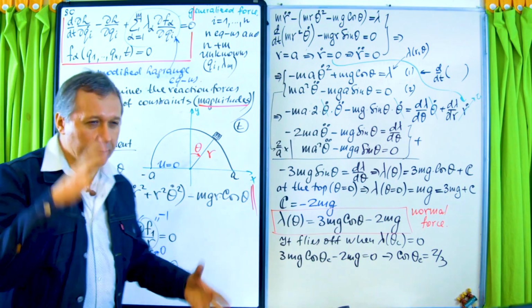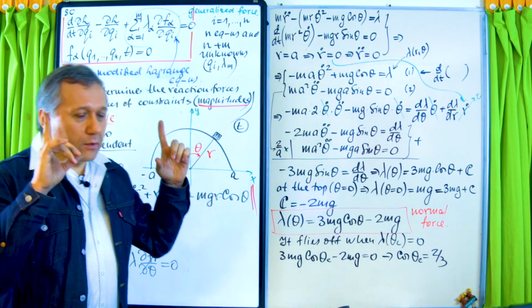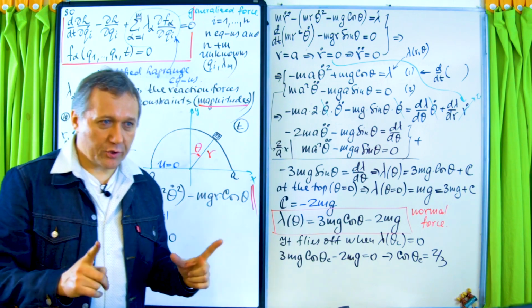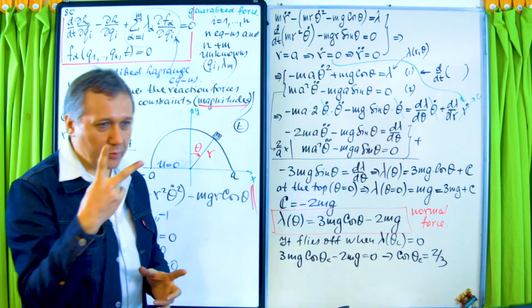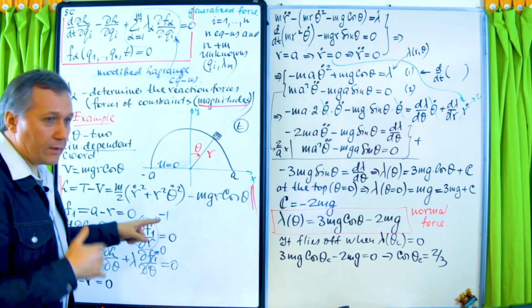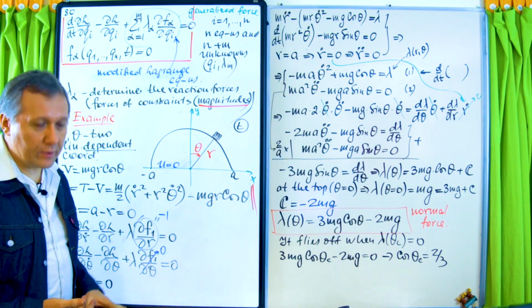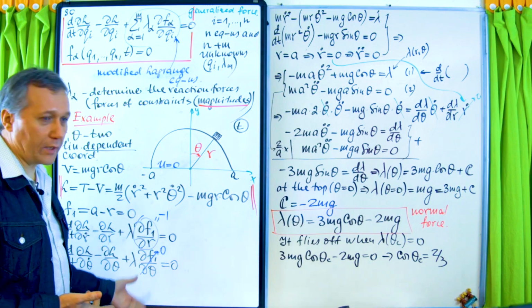Next example, we will look at the Atwood machine. In that example, there will again be one equation of constraint, but it will depend on two variables. So of course, as a result, Lagrange multipliers are going to appear in both equations, not just in one like in this case.